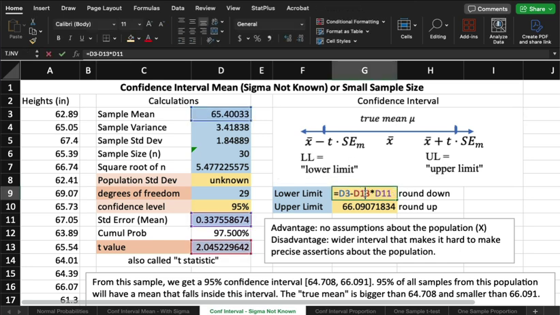The lower limit then is equals D3 minus D13 times D11, because that's where our x bar, our t-value and our standard error of the mean are. You'll notice the subtraction there because it's the lower limit. For the upper limit, we have to add, so it's equals D3 plus D13 times D11, and hit enter.